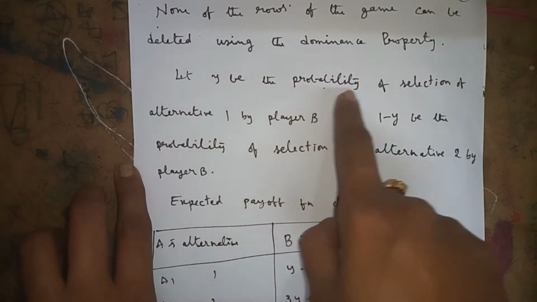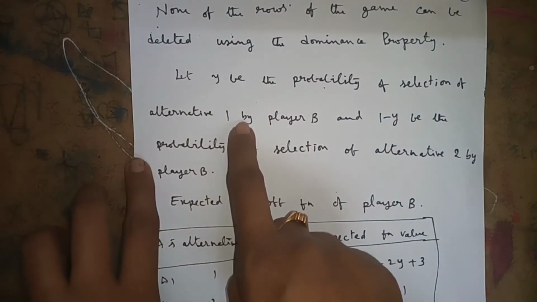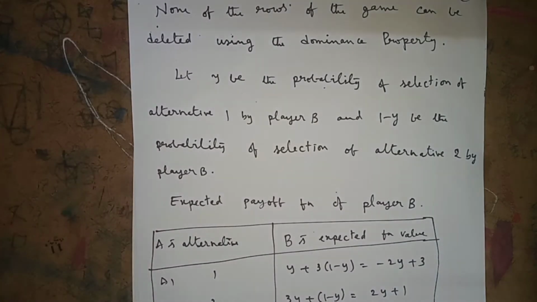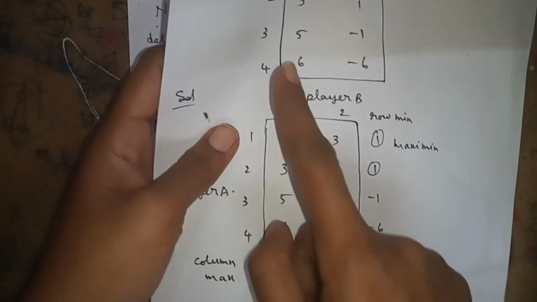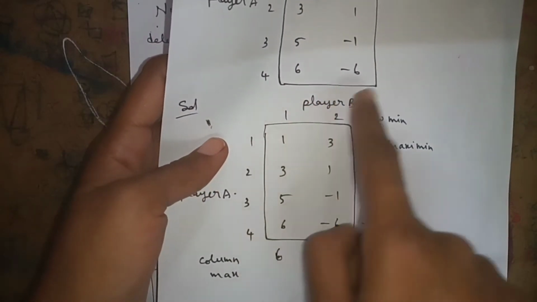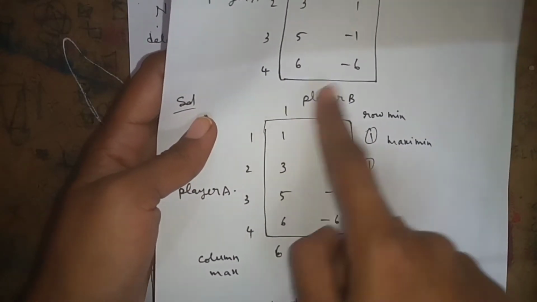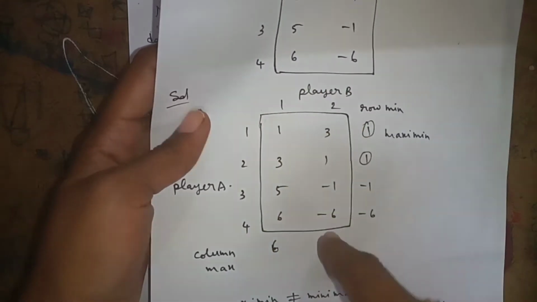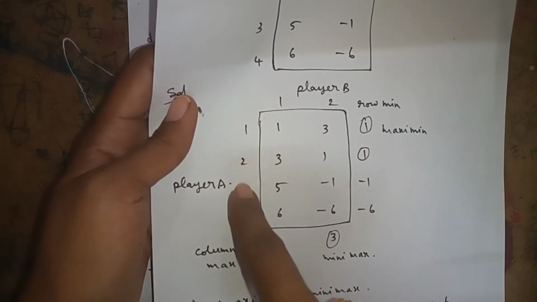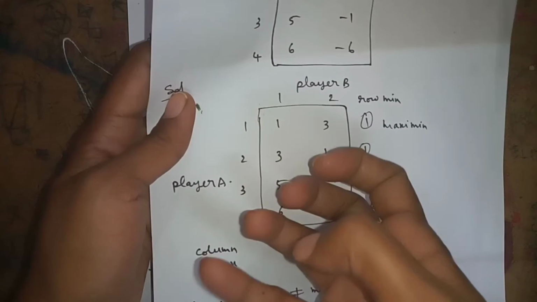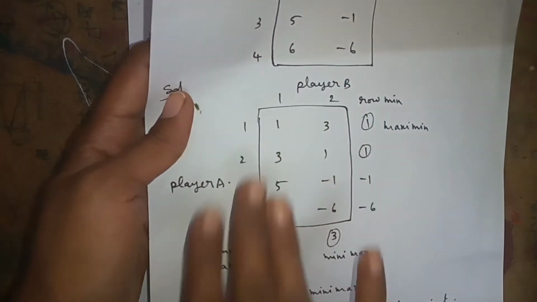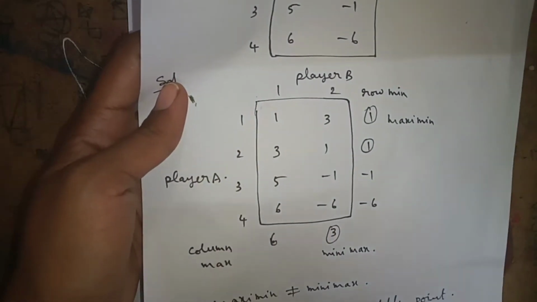Let y be the probability of selection of alternative 1 by player B. These are the alternatives of player B, B1 and B2. This is fixed. Player A has alternatives 1, 2, 3, 4. It is not possible to reduce the alternatives of player A. That's why we are drawing all the lines 1, 2, 3, 4.